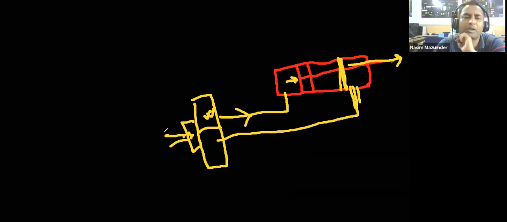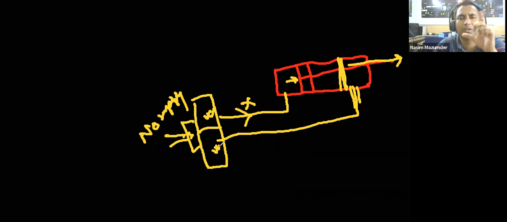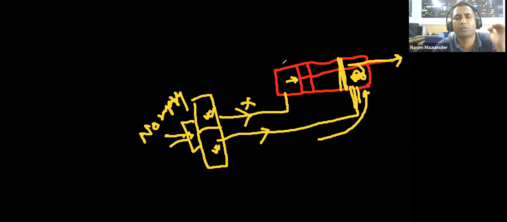Now, if there is no supply, then what will happen? This port will be closed, and this port will be open. There will be a spring which will push the ball or the plunger inside, and this port will open so that air will be coming from this port, and there will be air pressure so that the piston is again in its original position.